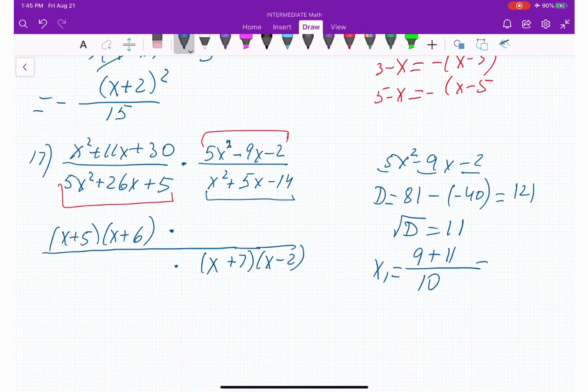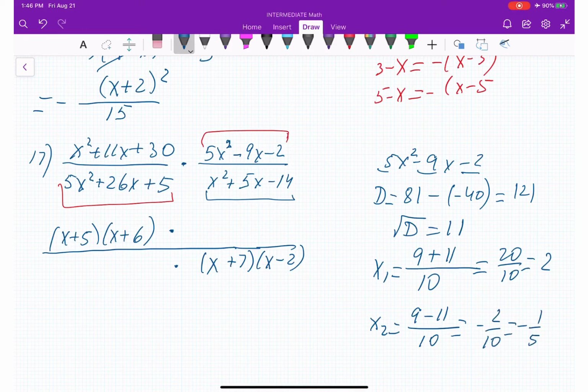So we are getting 20 over 10, which is equal to 2, and x2 is equal to 9 minus 11 over 10. It's going to be negative 2 over 10, which is negative 1/5, right?